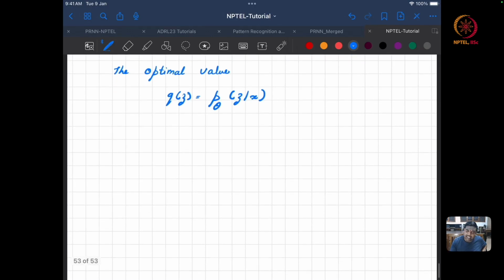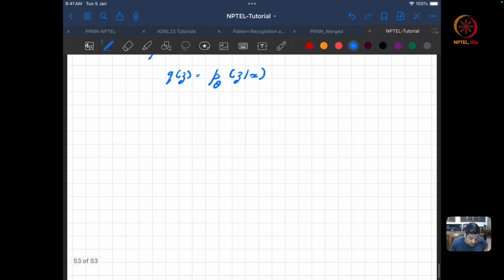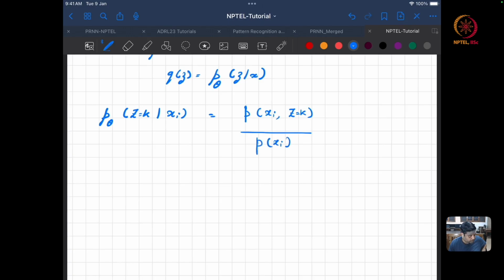So now it's easy for us to calculate p theta of choosing the kth component given your input is xi. We can easily compute it using Bayes rule: p of xi comma z equal to k divided by p of xi.